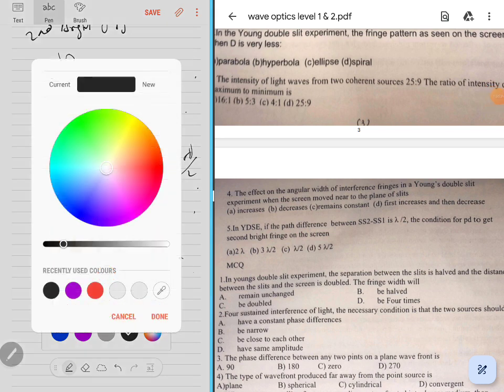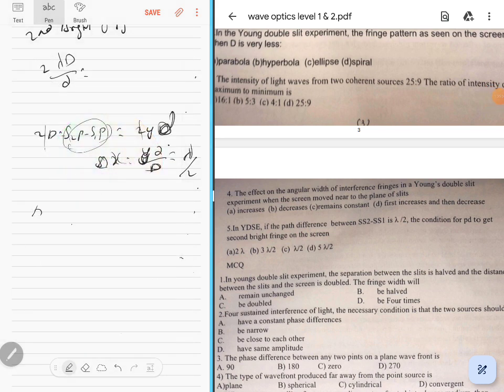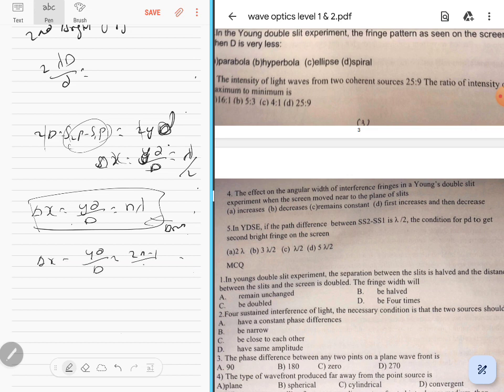In the derivation, I did path difference, and the path difference, y into small d by capital D, was equated to n lambda for the bright fringe. And for a dark fringe, I got y into small d by capital D is equal to 2n minus 1 by 2 into lambda. This is the condition that I got for the dark fringe. And how did I arrive at this?